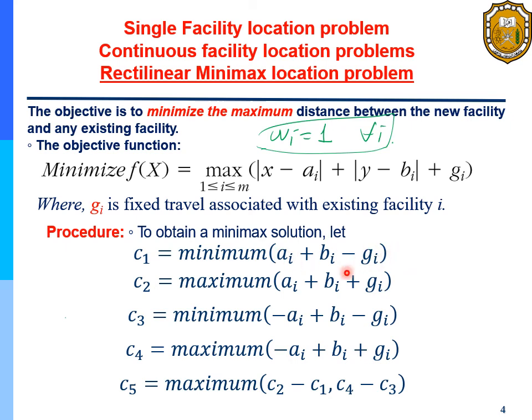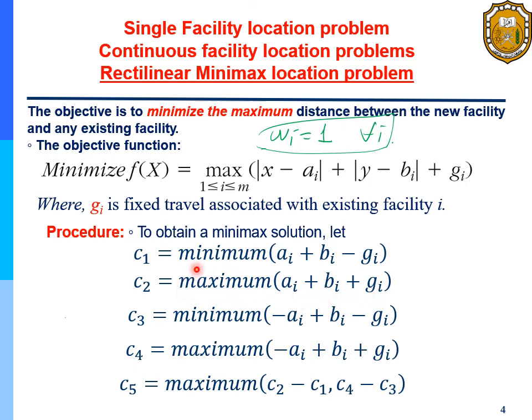And using these, we will be calculating 5 values: C1, C2, C3, C4, and C5. C1 is calculated as the minimum of Ai plus Bi minus Gi. C2 is calculated as the maximum of Ai plus Bi plus Gi.